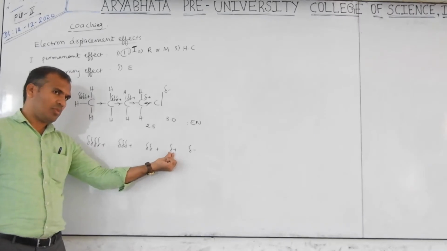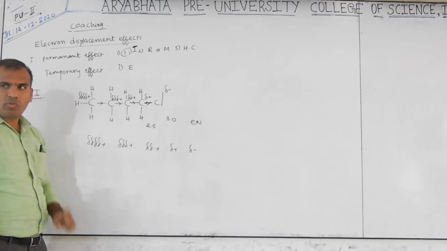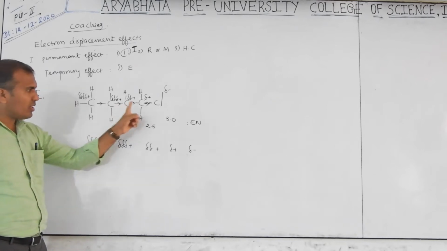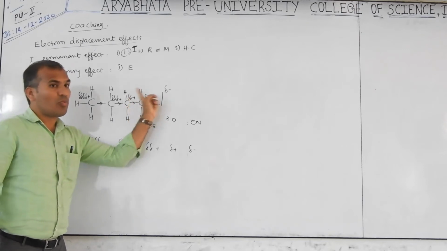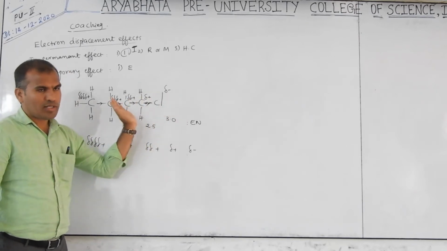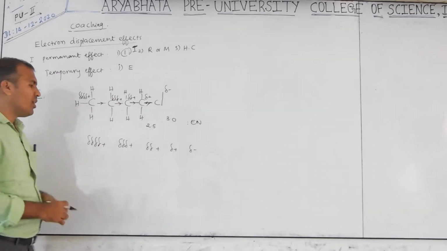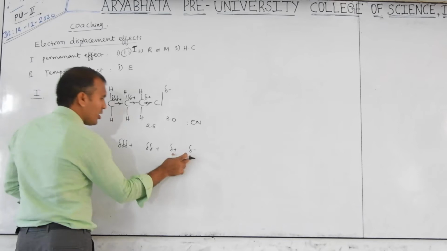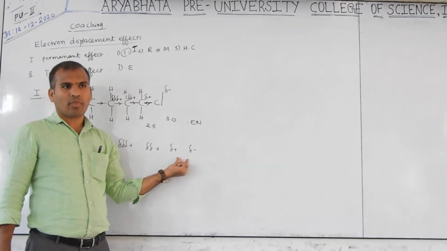First one is delta plus or 4 delta plus? 1 delta plus magnitude is more because it is near to this more electronegative atom, therefore it is attracted more. It means more tendency to lose. Here tendency to lose is less.